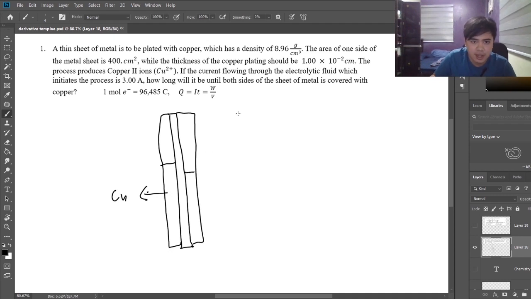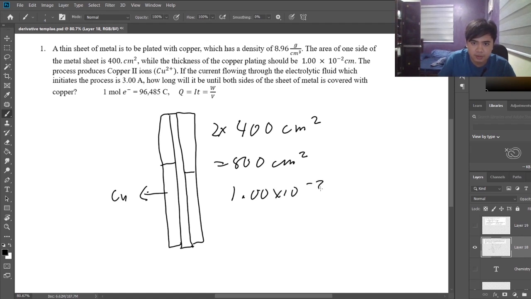The surface area of one side is 400 square centimeters. You multiply it by 2 to get two sides, you get 800 square centimeters. Now, the thickness of the copper plating, they said, is 1.00 times 10 to the negative 2 centimeters, or 0.01 centimeters.